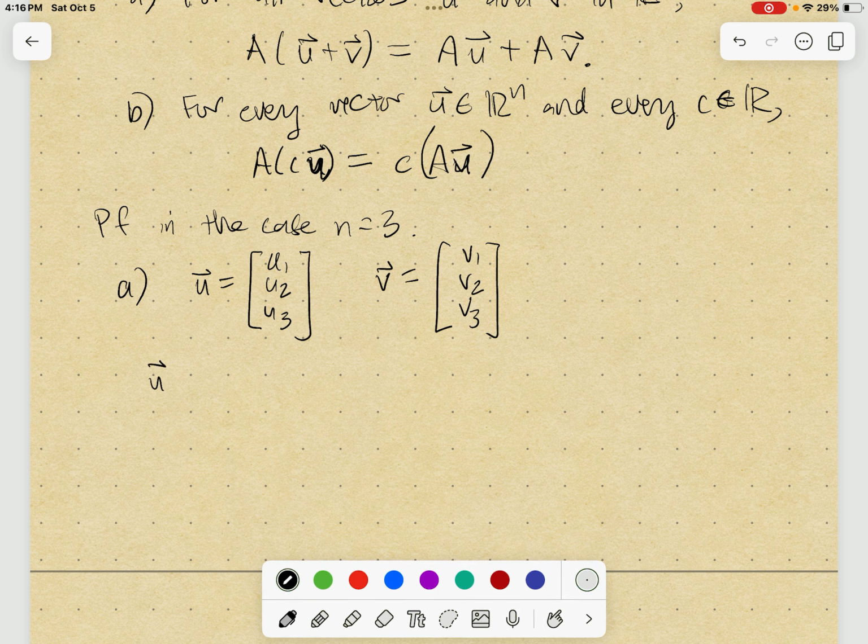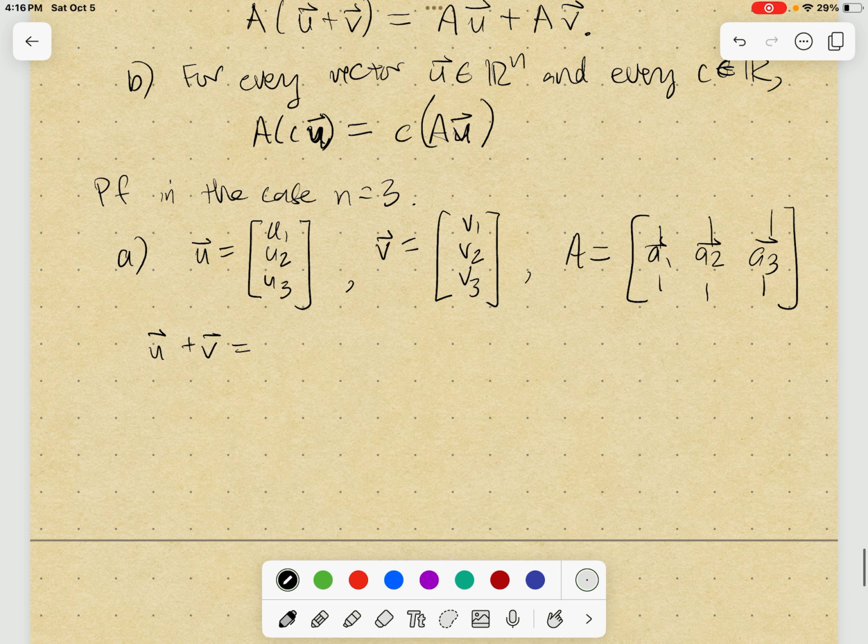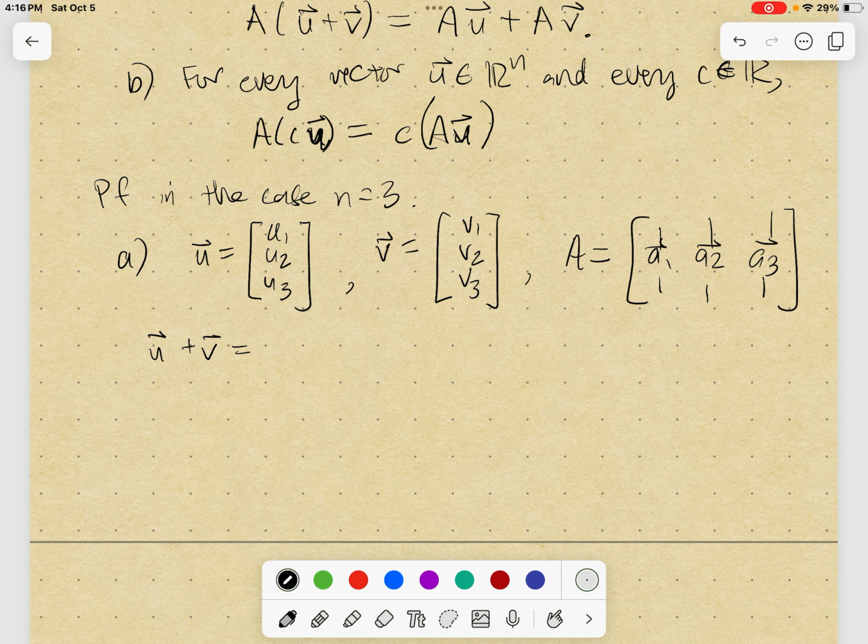And A is going to be an m by 3 matrix, so it has 3 columns. Anyway, u plus v is going to be, by definition of vector addition, u1 plus v1, u2 plus v2, u3 plus v3, right?